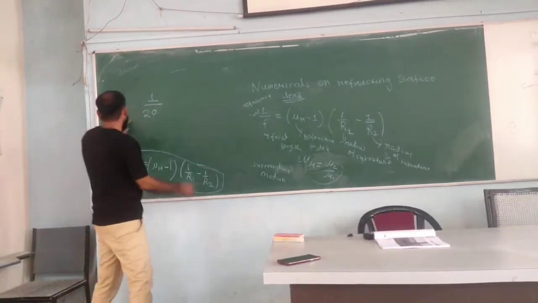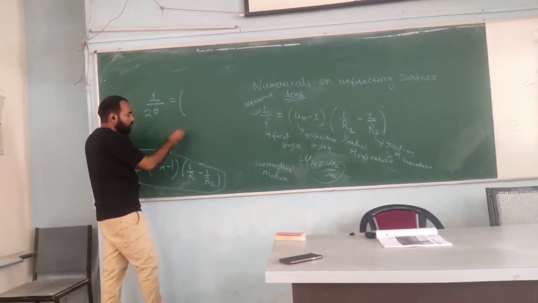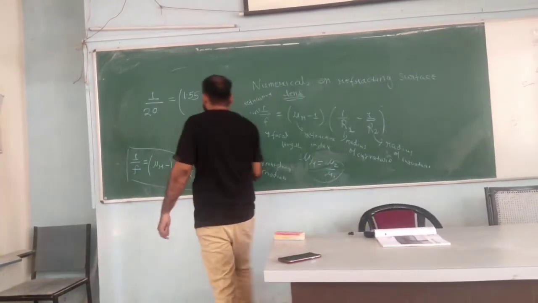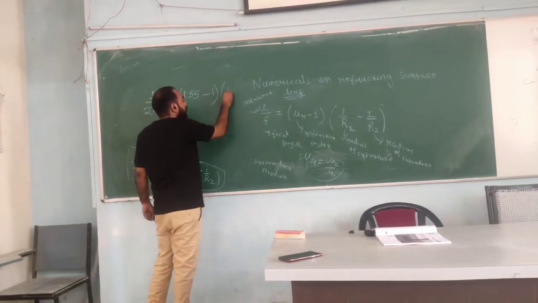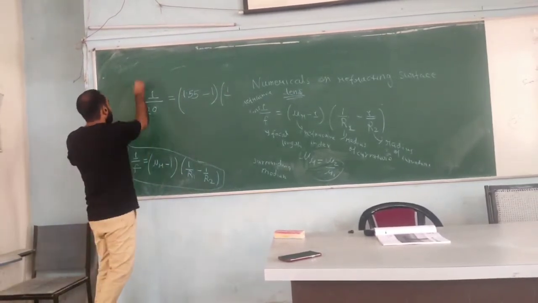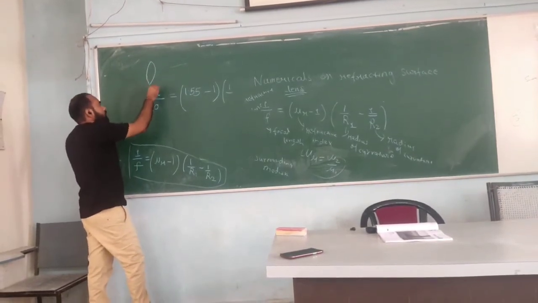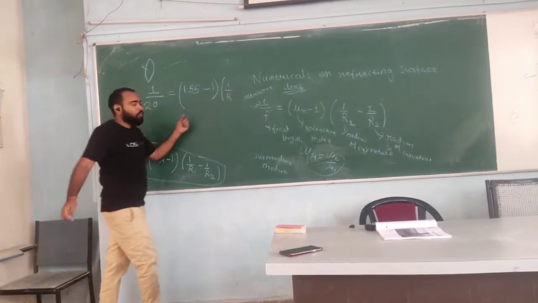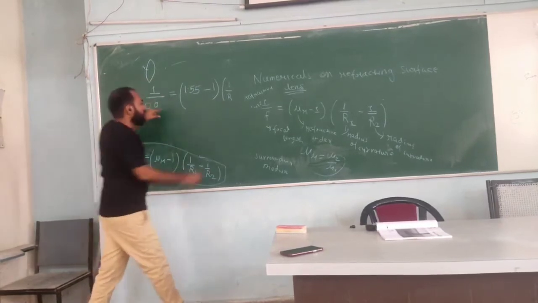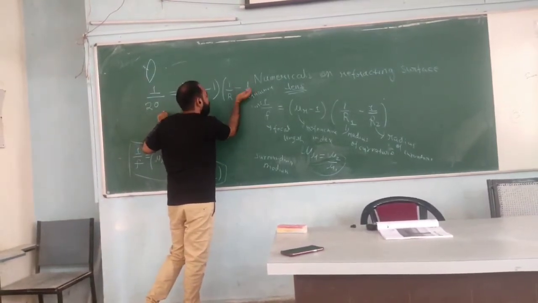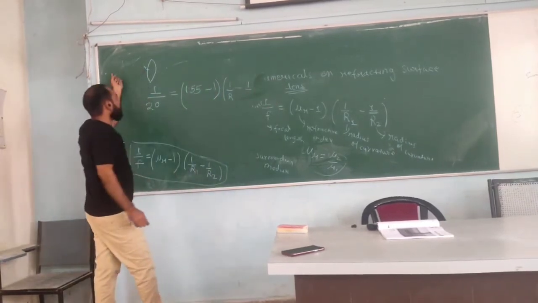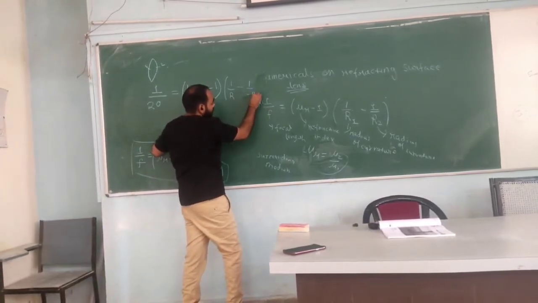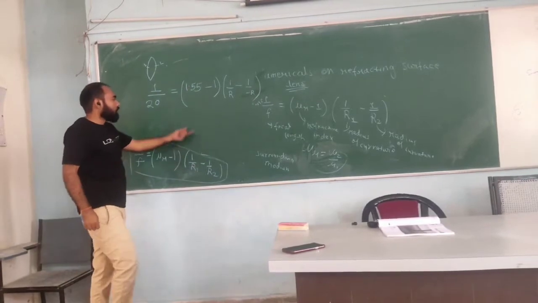Yes, 1 upon 20 centimeter focal length, and mu r: mu2 is 1.55, mu1 was 1 because it was the surrounding medium, and minus 1, into (1 upon R1 minus 1 upon R2). R1 for this double convex lens would be positive, and since we have to find it, I am taking it as R. R2 lies on this side, so that would be minus R. Both have the same radius of curvature, that's why R and R.